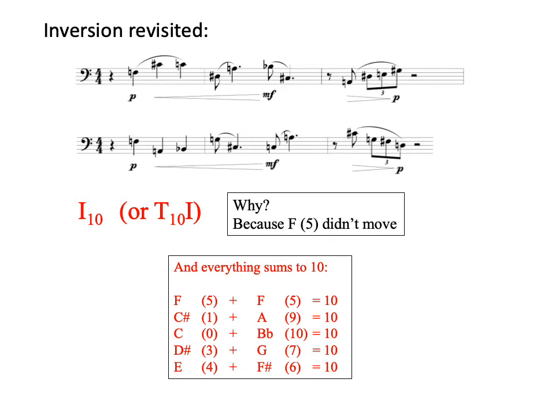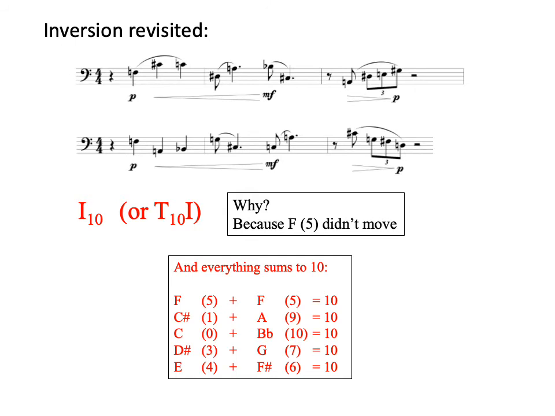Like, for instance, we're going to use our fixed 0 pitch integers here. And remember, F is 5. So there was an F in the original, and when I inverted starting on F, there was an F there. That's 5, so we add those two together. 5 and 5 is 10. C sharp is 1, and it traded places with an A, which is number 9. And 1 and 9 is 10.